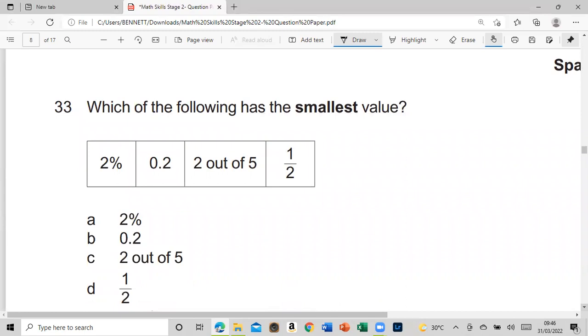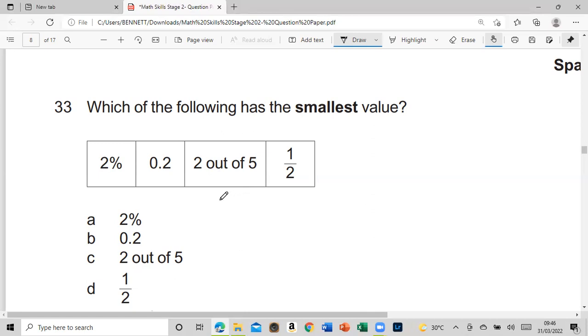Which of the following is the smallest value? It's definitely 2%. Two out of 5 as a percentage.